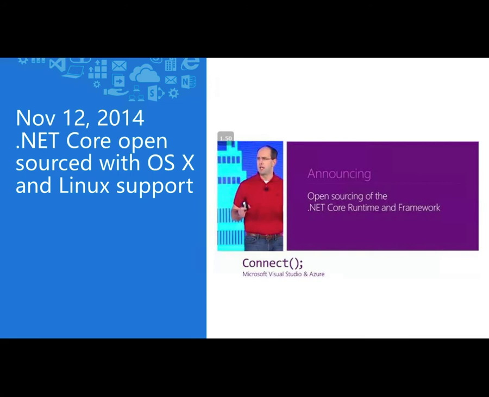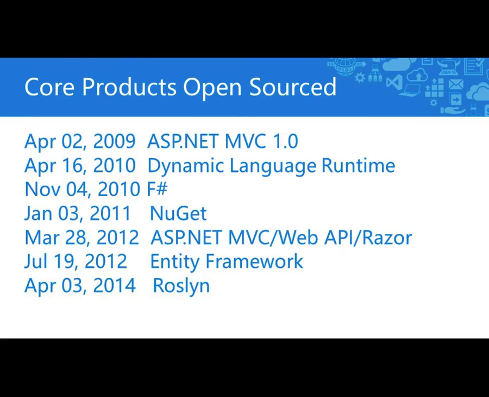So in year 2014, Microsoft reached another milestone. They announced at Connect, by Scott Guthrie, of course, that they will create a new platform for .NET called .NET Core, and it will be fully open source and also cross-platform, running not only on Windows but also OS X and Linux.